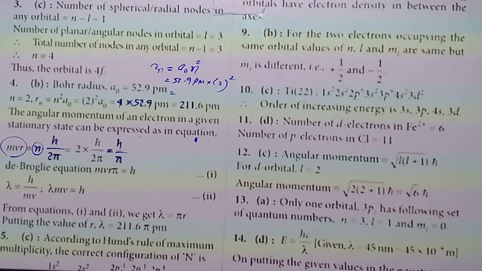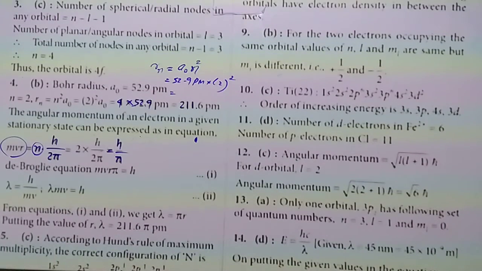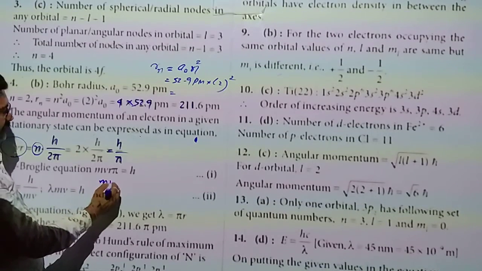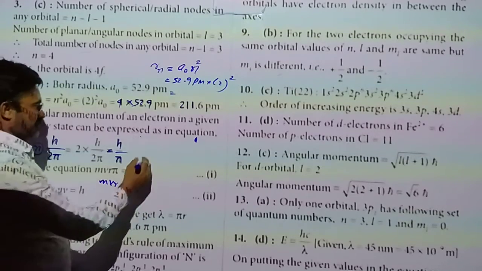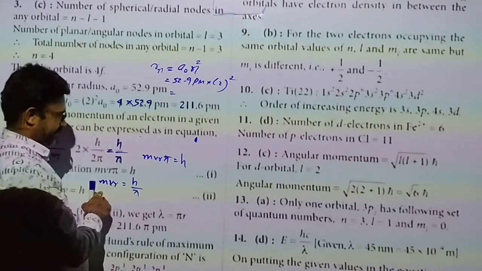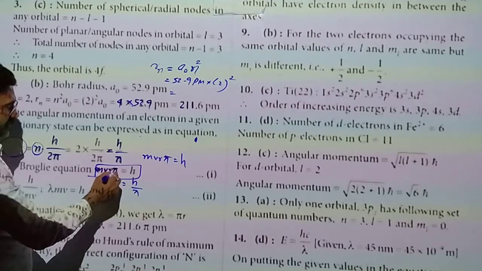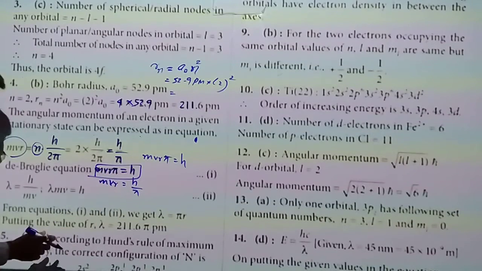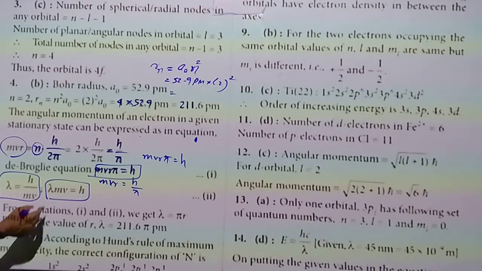For the de Broglie wavelength, lambda equal to h upon mv, so lambda mv equal to h.